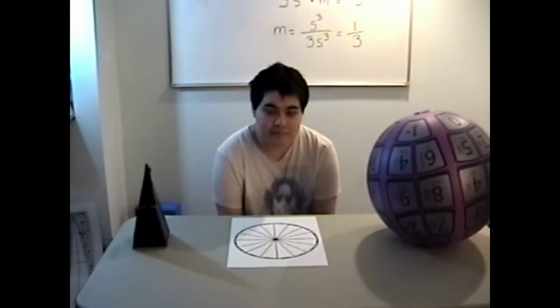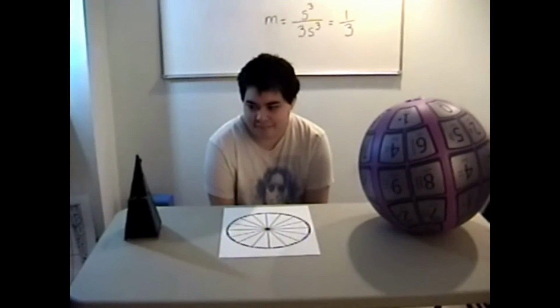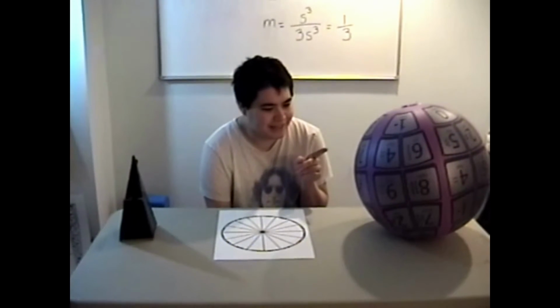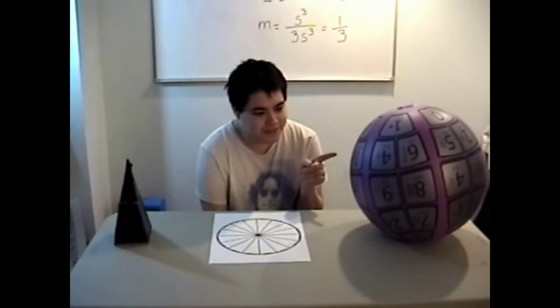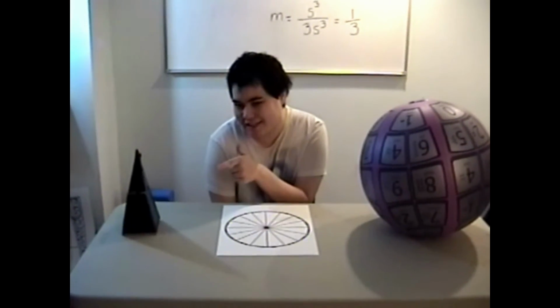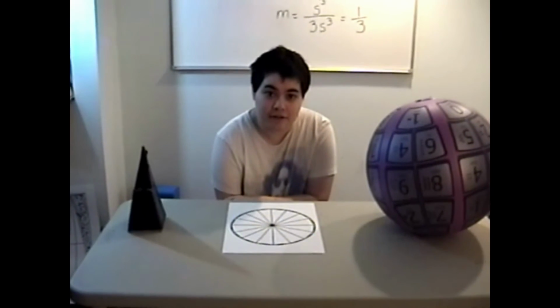Now, extending this, what can you say about the other stuff on the table? You can approximate a sphere with lots and lots of really skinny pyramids. Well, maybe. Let's pursue this.